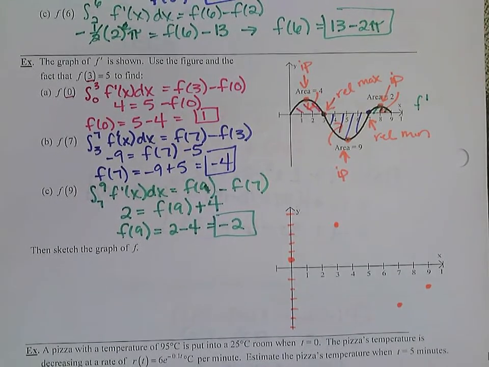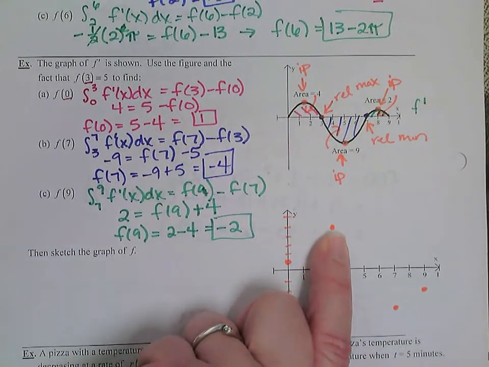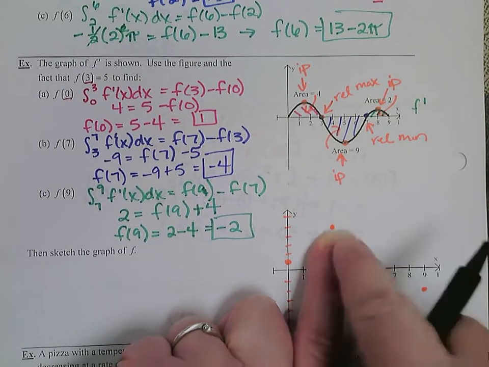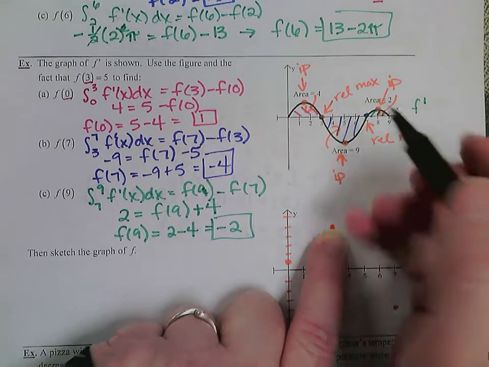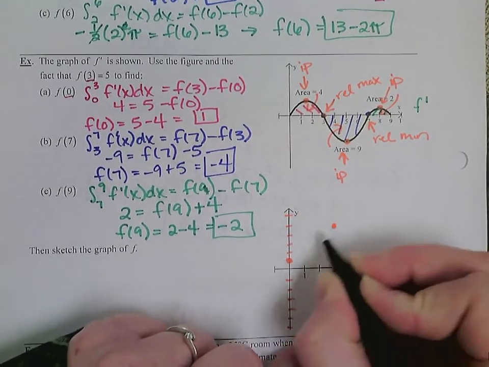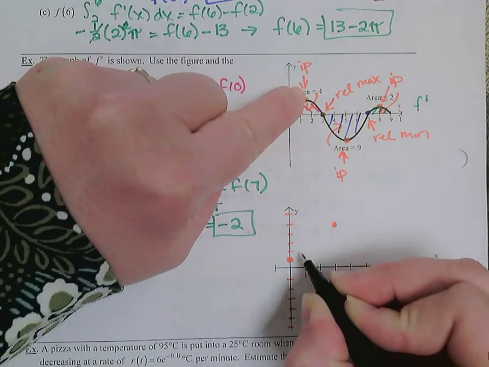So for example, we said at 3, that's a relative maximum. We know that that value is actually equal to 5. They gave us that. So in between and about 1.5, I know my graph is increasing because the derivative is positive. I know that it's concave up until 1.5, and then it's concave down.